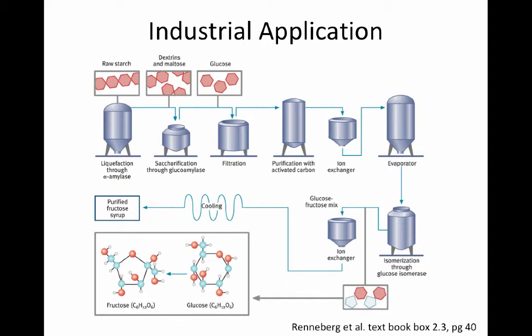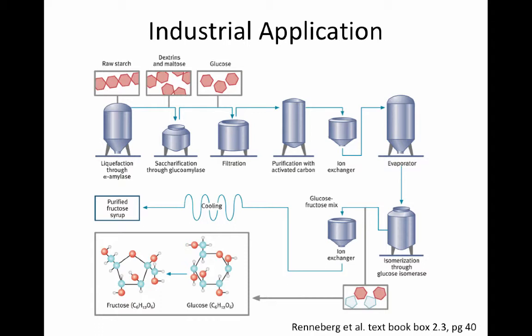At this point, we go through some filtration steps, so we filter out any extra impurities. We go through some additional purification steps, and through an evaporator to remove any extra water. Then we use a third enzyme, a glucose isomerase. This is one of the examples I showed in the isomerase enzyme class example.